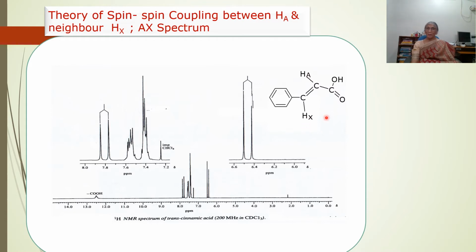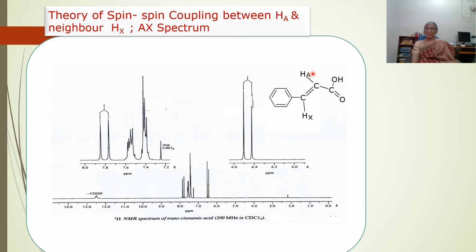So the nuclear magnet of proton X can be aligned with proton A, or it can oppose proton A. When it is aligned with proton A, the net effective magnetic field will be greater at proton A, and when proton X is aligned against proton A, then the total net effective magnetic field will be slightly less. It will feel the decreased effective magnetic field.